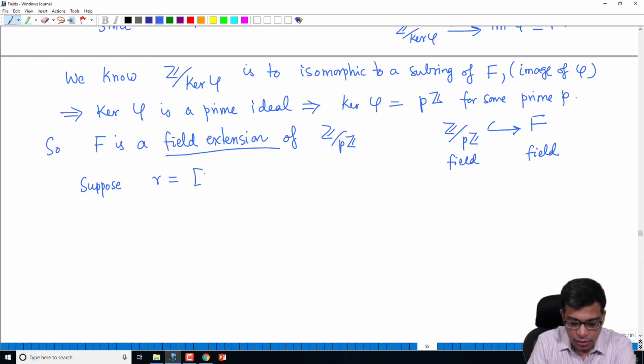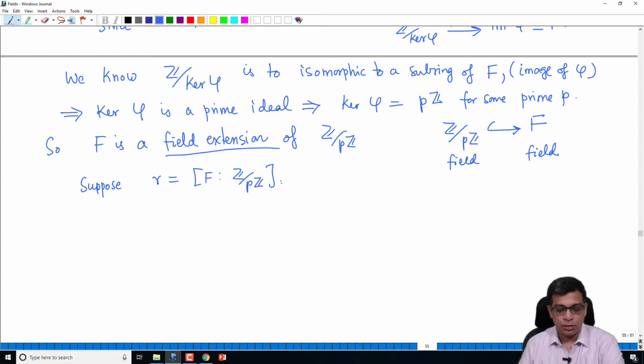r equals the degree of this field extension. Because F is a finite field, the degree of the field extension cannot be infinite, right? This is simply the dimension of F as a Z mod pZ vector space. It certainly cannot be infinite because F itself is finite. So there is certainly a basis containing finitely many elements.